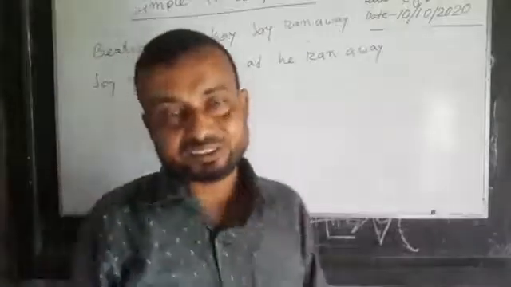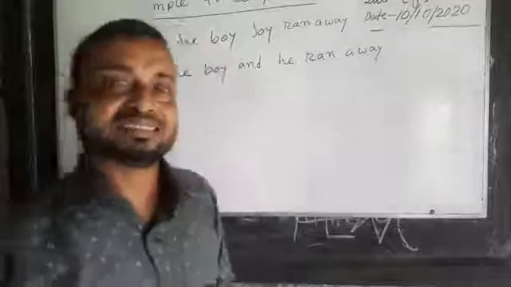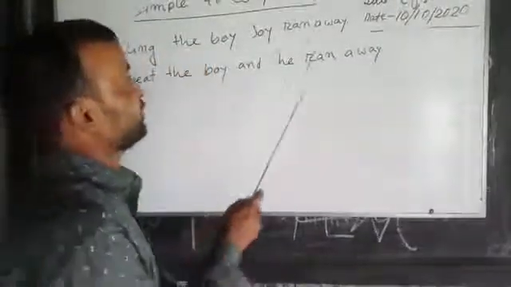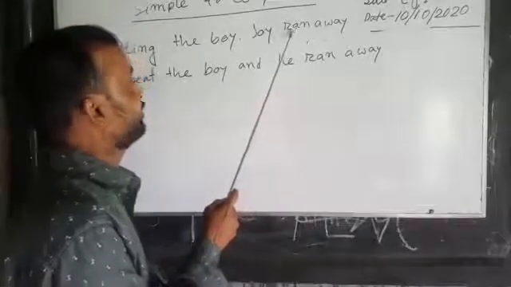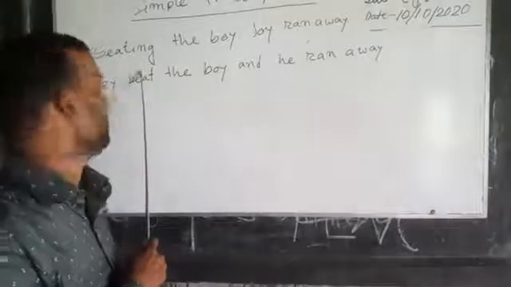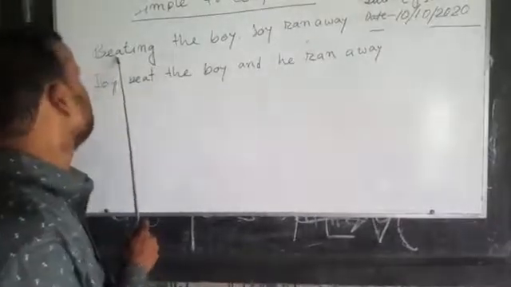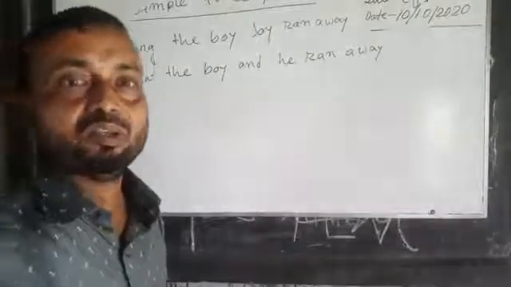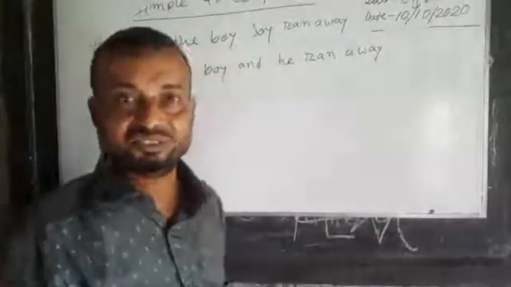My dear students, follow these sentences. This is a simple sentence. Here is only one finite verb, and this is a non-finite verb, beating. That means beat is the main verb and ing is added with beat and it changed into a gerund.